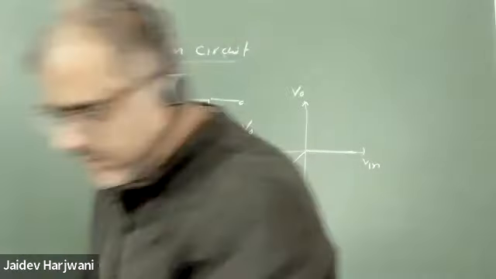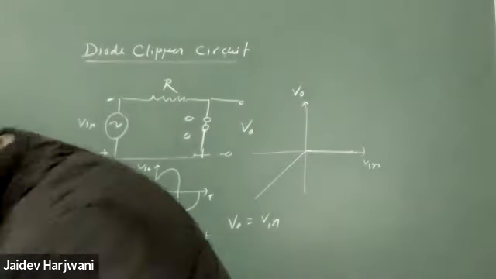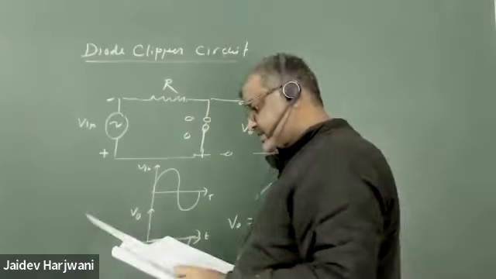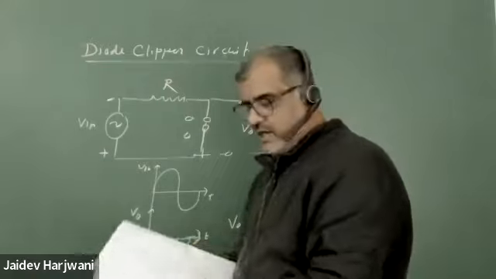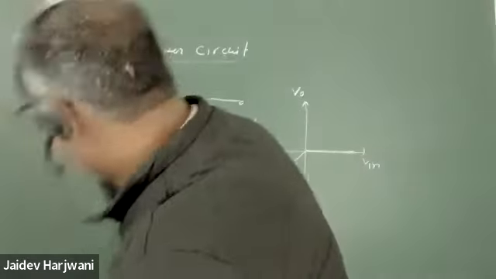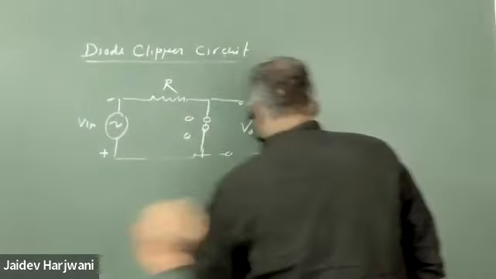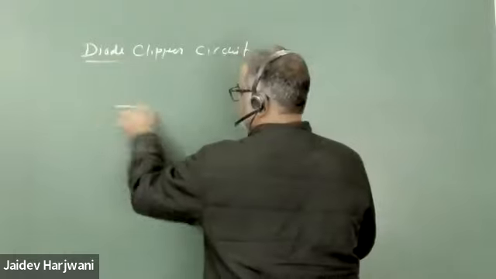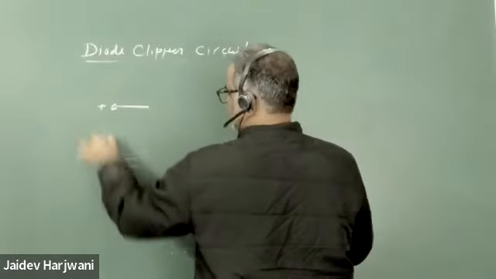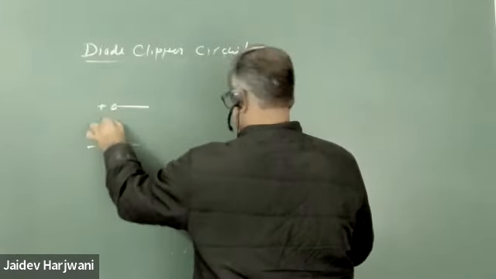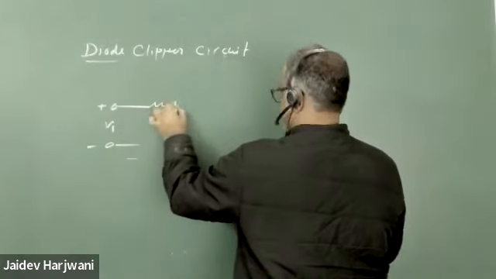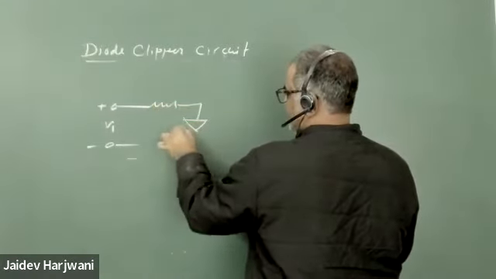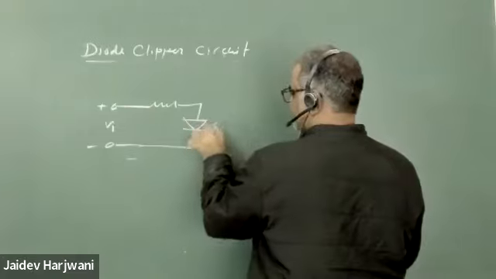Now let me tell you one more problem. I am replacing the diode with a silicon diode. I have a voltage source here, V plus, V minus. And here you have a resistance, and you have a diode here made of silicon.